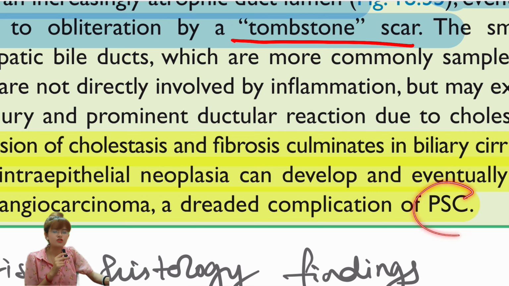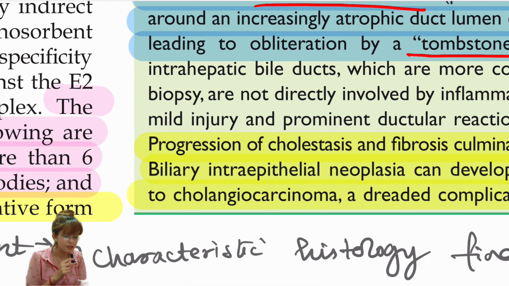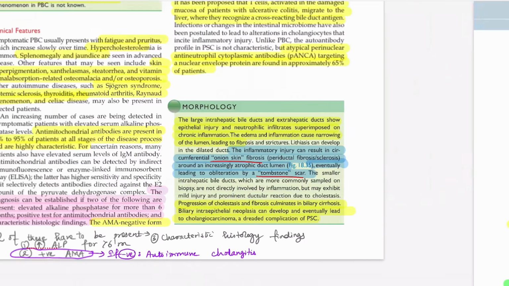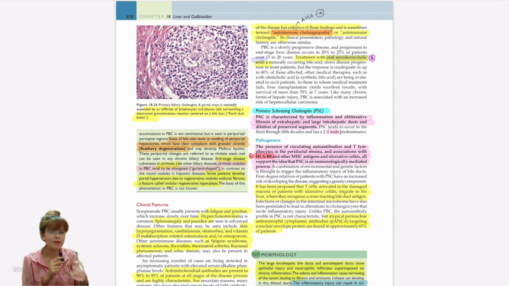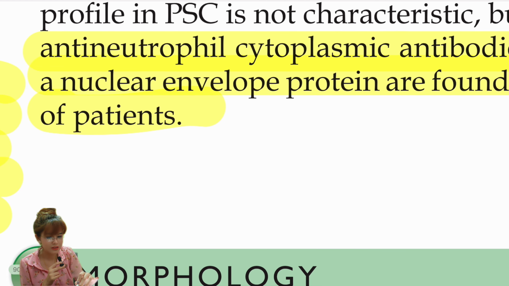So what is the complication of PSC? PSC can give rise to biliary intraepithelial neoplasia, which can give rise to cholangiocarcinoma. This risk was not there in primary biliary cholangitis. So I will just again mention this point here because I feel this is very, very important.